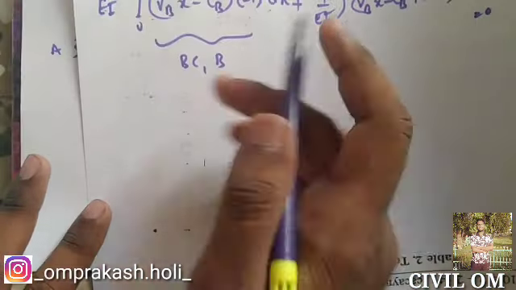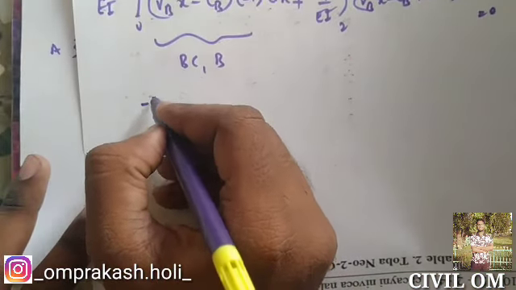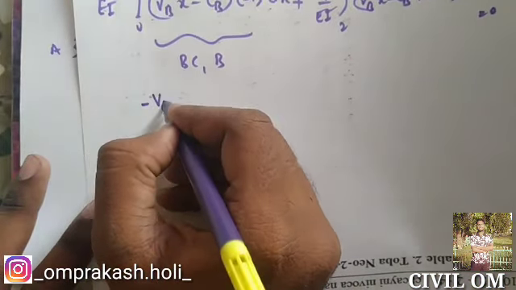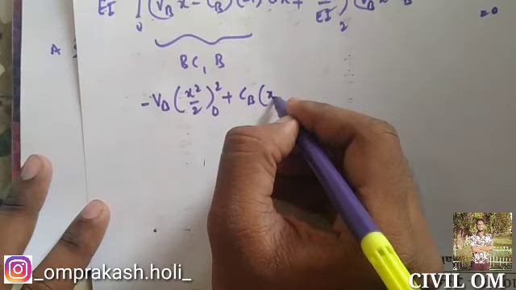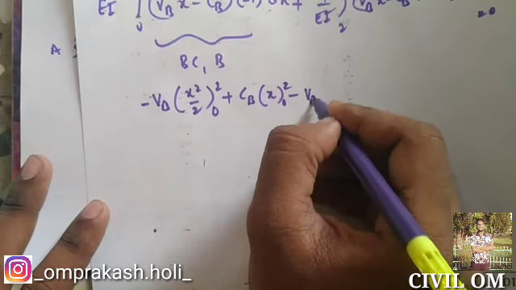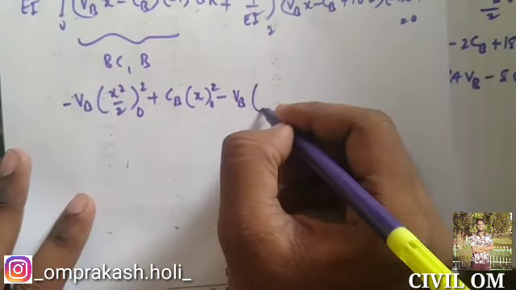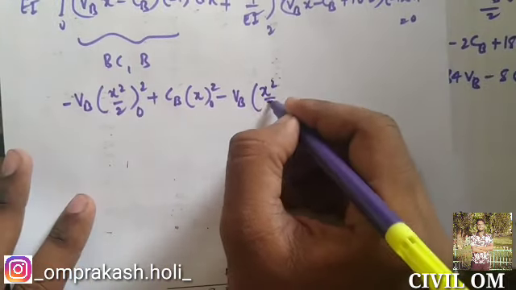This portion is BA considering B as origin. After integrating, we get minus VB x square upon 2 over the limit 0 to 2, CB into x over the limit 0 to 2, minus VB into x square upon 2 over the limits 2 to 4 plus CB into x over the limits 2 to 4 minus 100 into x over the limits 2 to 4.